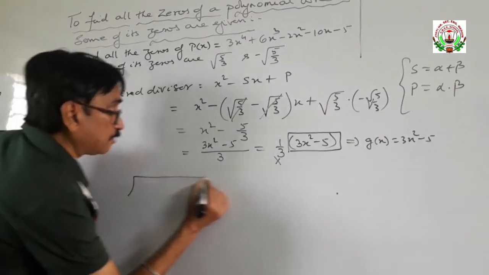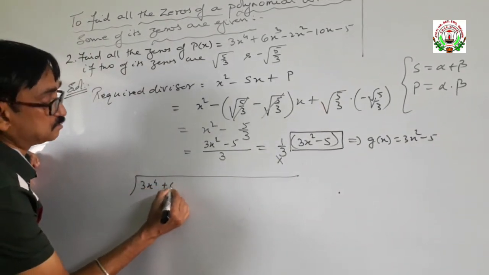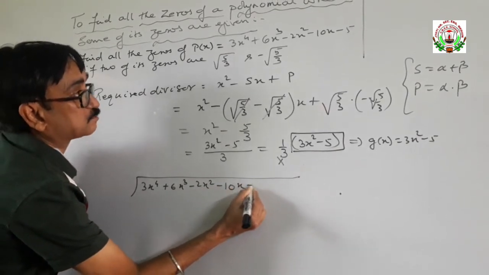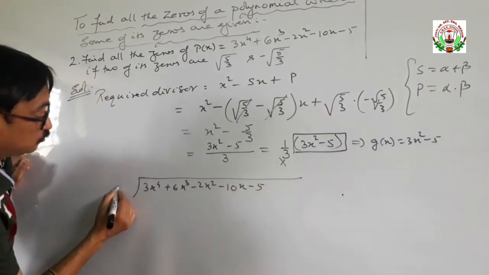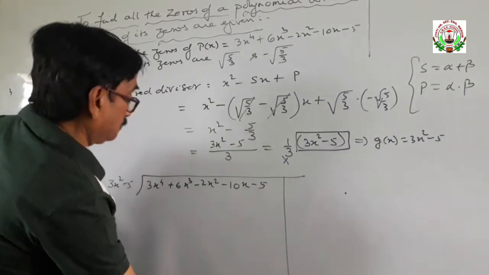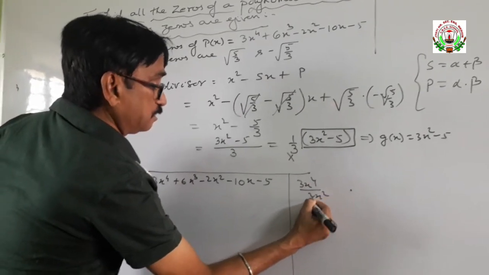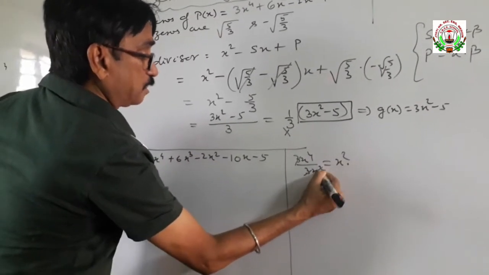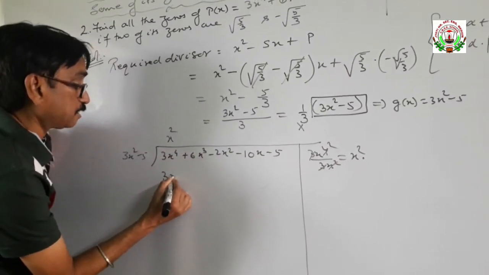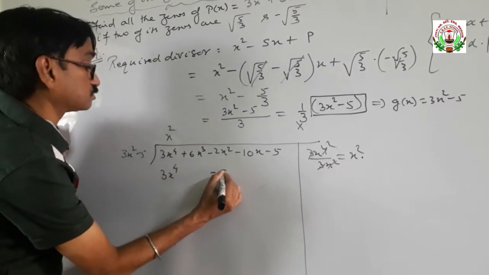Let us now divide. So 3x to the power 4 plus 6x cube minus 2x square minus 10x minus 5, divided by 3x square minus 5. 3x to the power 4 upon 3x square gives us x square. So x square into the divisor, 3x to the power 4 minus 5x square.